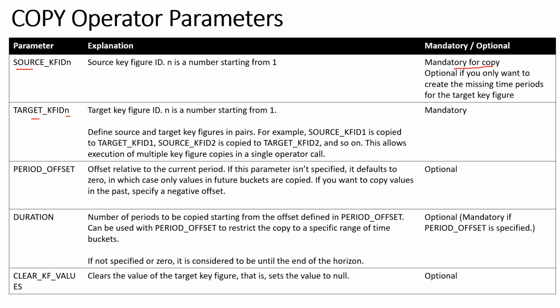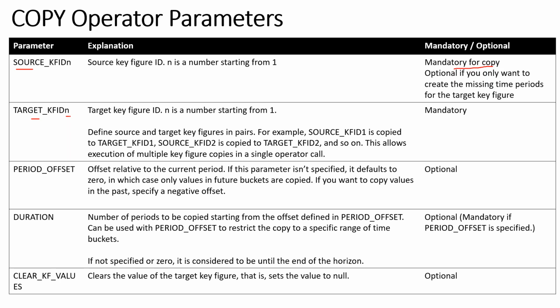So now you don't have to create three different copy operators for it. You can run all three copies in one single copy operator, and then you have to specify like this: source underscore key figure id 1, target key figure id 1, that is one set. Source underscore key figure id 2, target underscore key figure id 2, that is a second set.